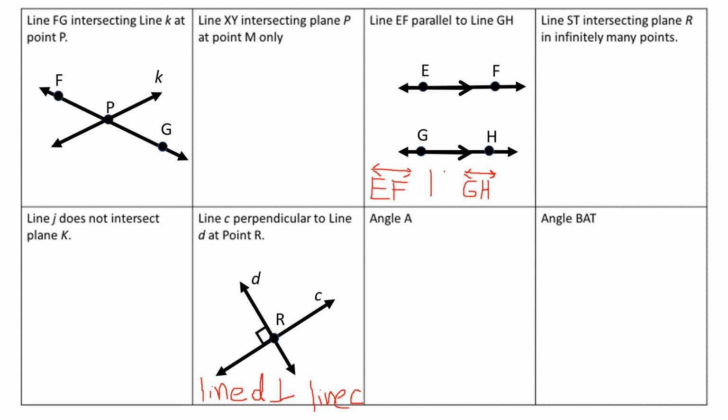And how we indicate that things are parallel using symbols is a set of vertical parallel lines, just right between them. We'd read this as line EF is parallel to line GH. The two vertical lines here are supposed to indicate the lines are parallel.